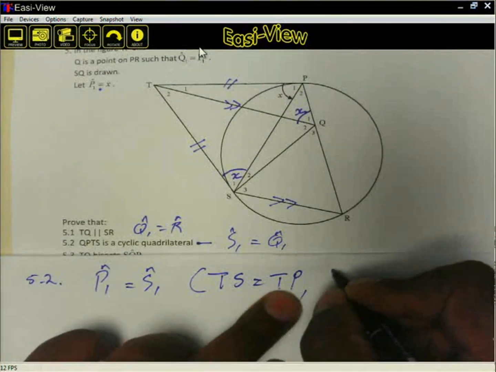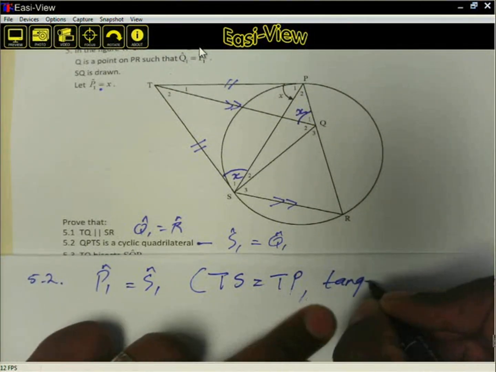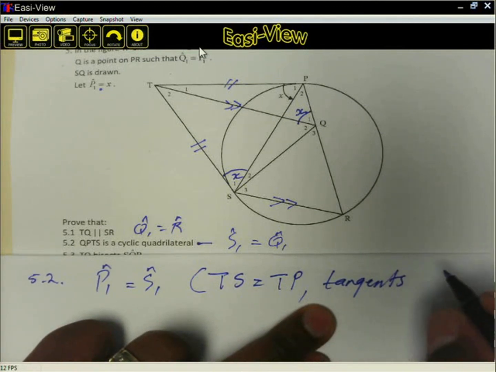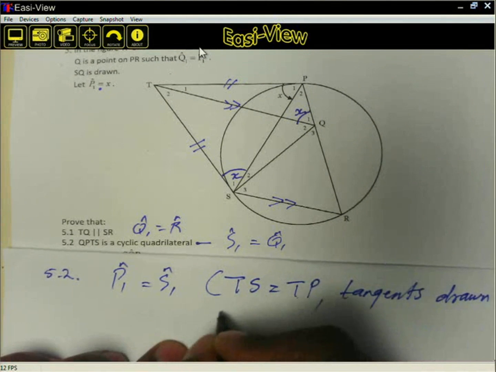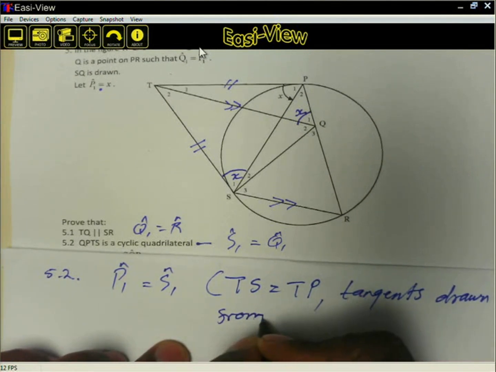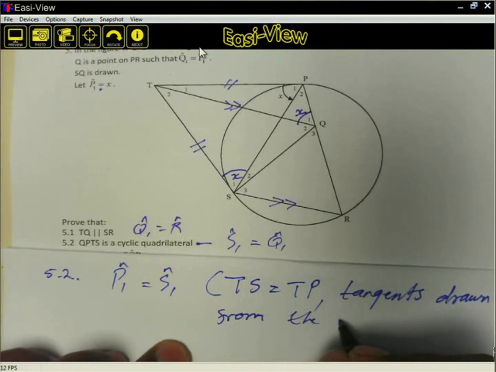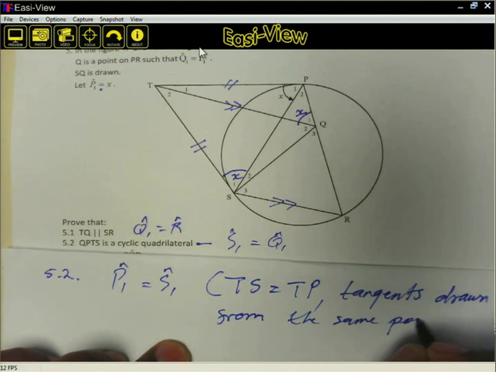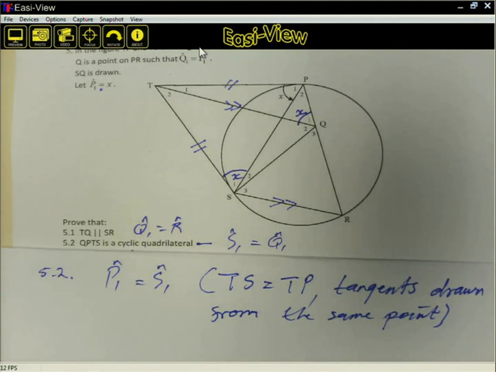Because those are tangents drawn from the same point. In full, the theorem states: tangents drawn from the same point outside the circle are equal in length.